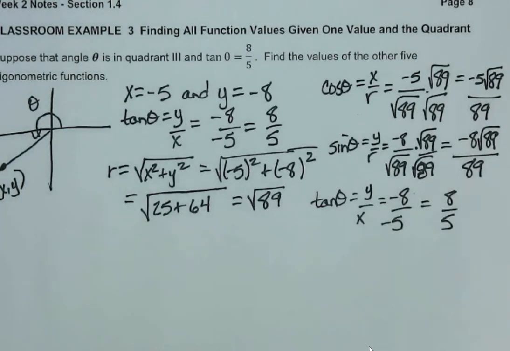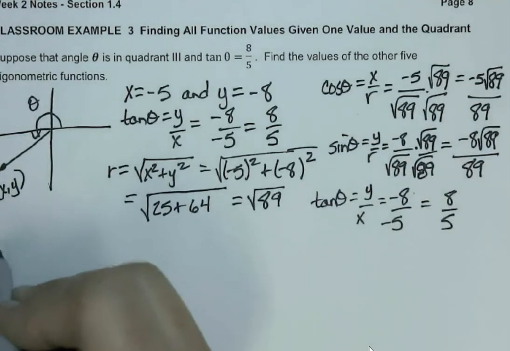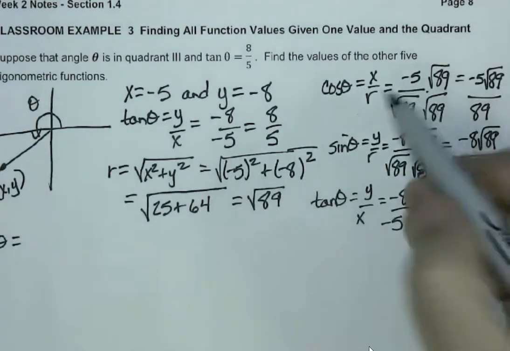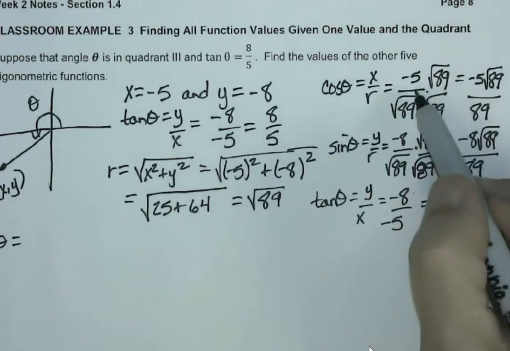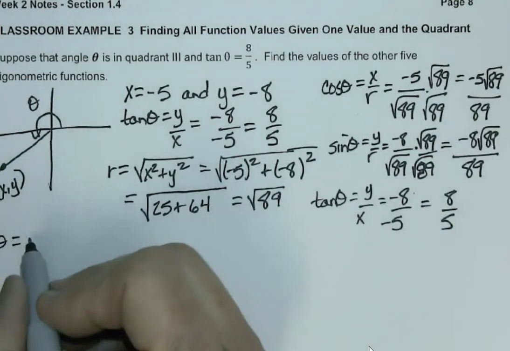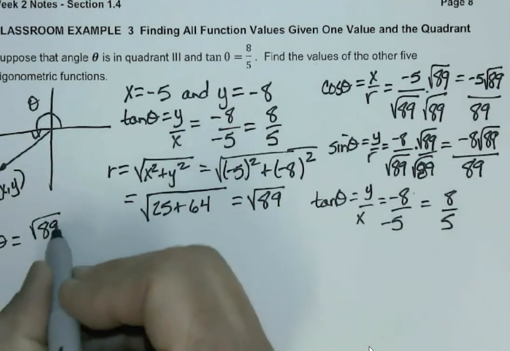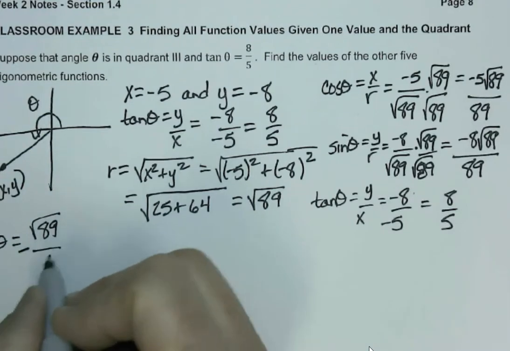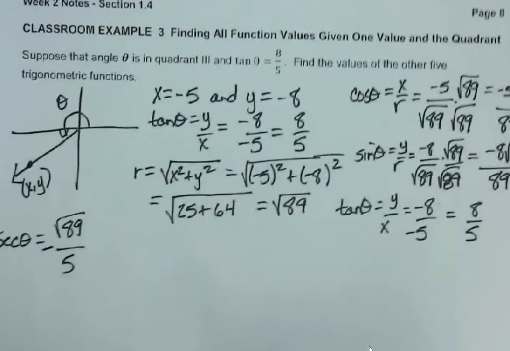For our other 3 functions, we can use our reciprocal definitions. So for the secant of theta, it's the reciprocal of cosine. So if we took our original value for the cosine, it was -5 over the square root of 89. We can just take that and flip it over. That gives us negative square root of 89 over 5.